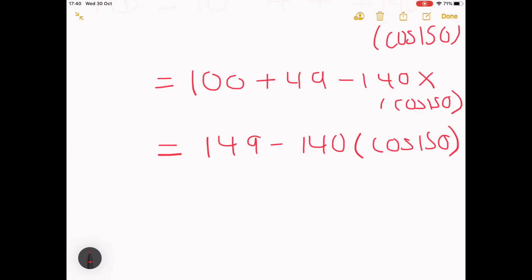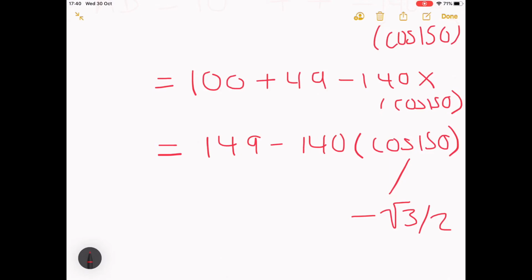So cos 150 is a set value, which is minus root 3 divided by 2. So we would figure out the BIDMAS.